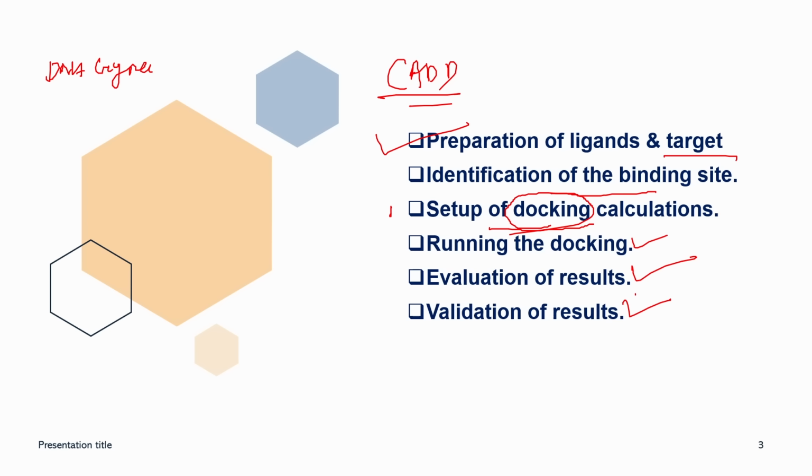It is an enzyme which is responsible for bacterial infection. So how can we prevent DNA gyrase? We have an anti-tuberculosis drug called rifampin. We have rifampin.